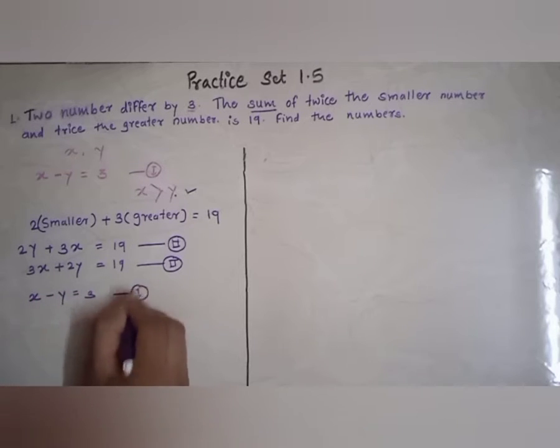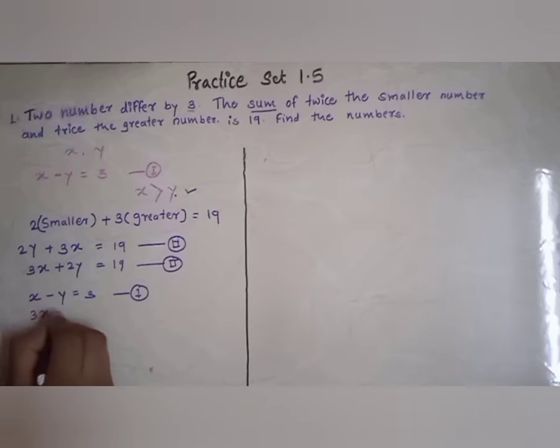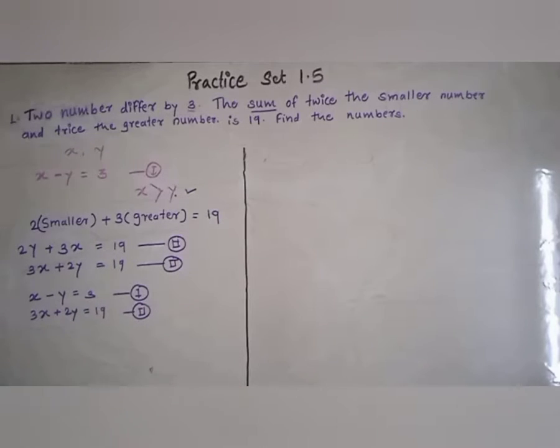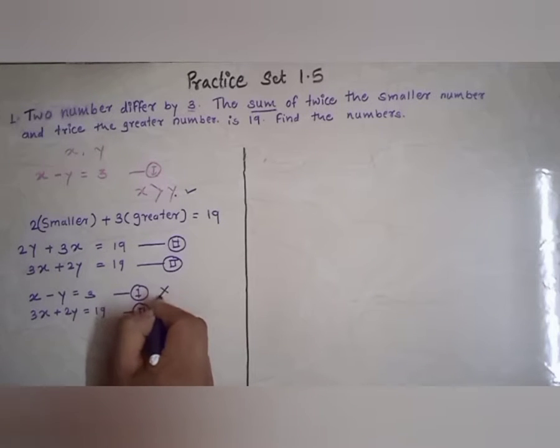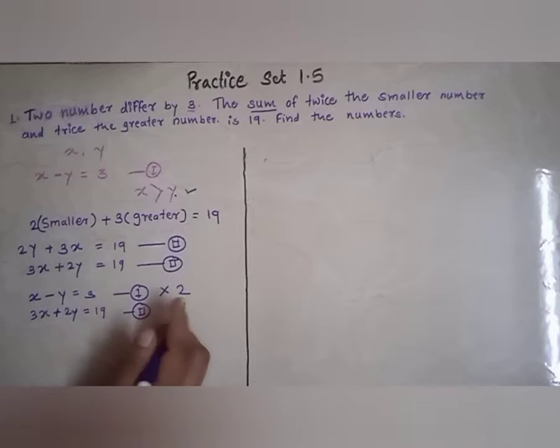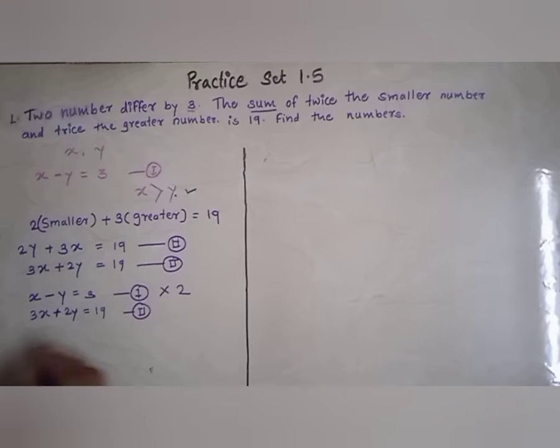Rewrite these equations again. This is our first equation, and we are going to multiply the first equation by 2 because we have to make the same coefficient of y as in the second equation.